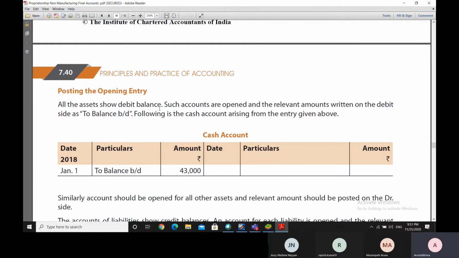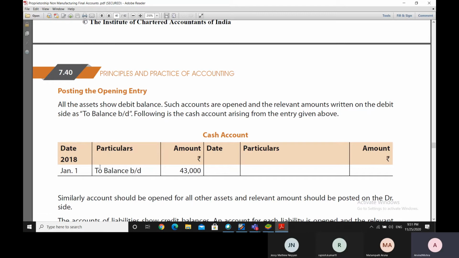Now we know that all the assets show debit balances only. So whenever a new account is opened and it is a debit balance, we start with 'To balance brought down'.